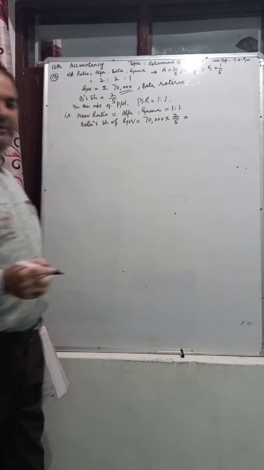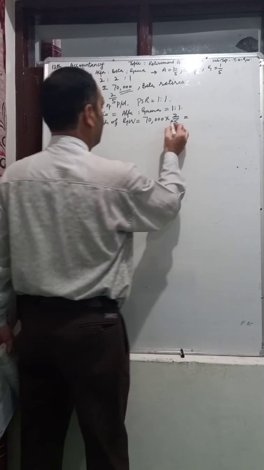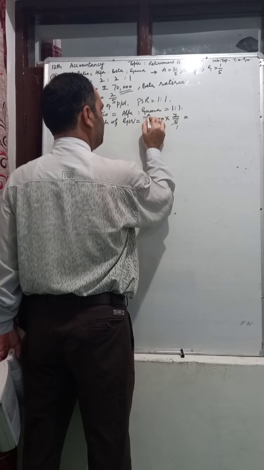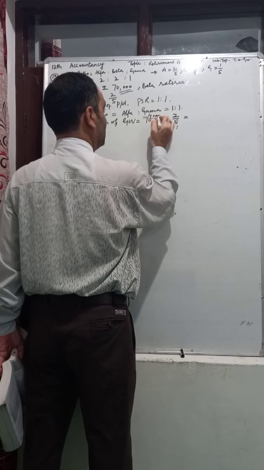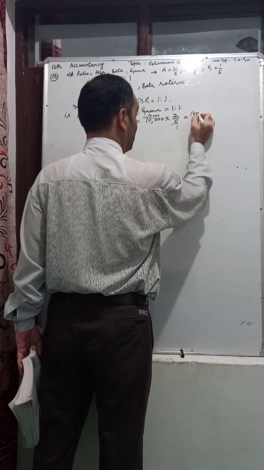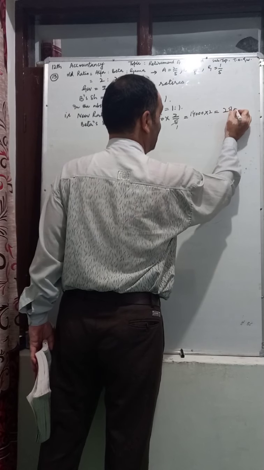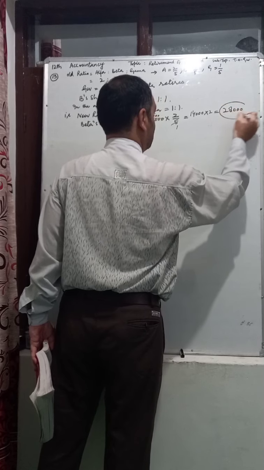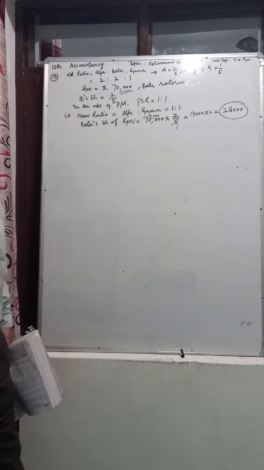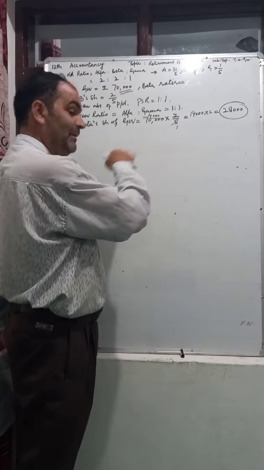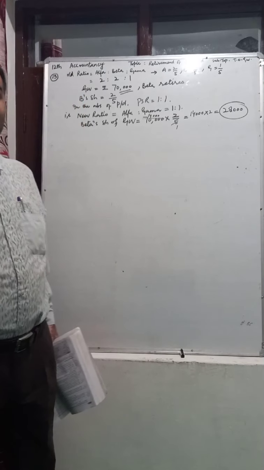Let's simplify this. 5 ones are 5, 5 14s are 70, that is 14,000 into 2, which is equal to rupees 28,000. This is Beta's share of goodwill, which can be distributed among the existing partners or the gaining partners.